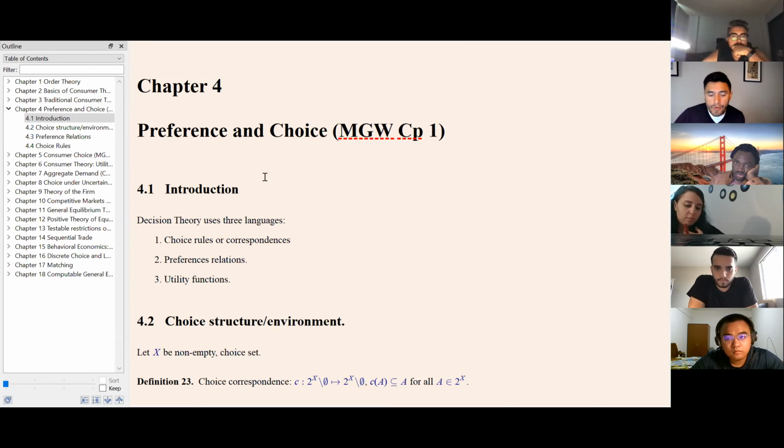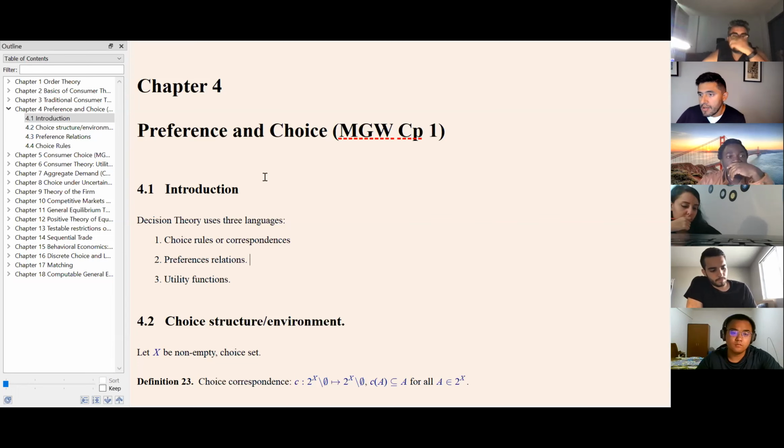So we want to model consumers right now, and to do so, we use preference relations, which we covered in the summer. This mathematical object called binary relation that we identify with preferences. We can also use utility functions. This is the bread and butter of economic modeling.